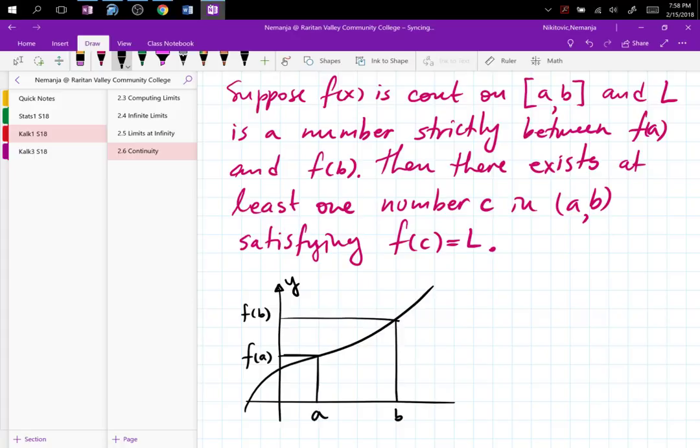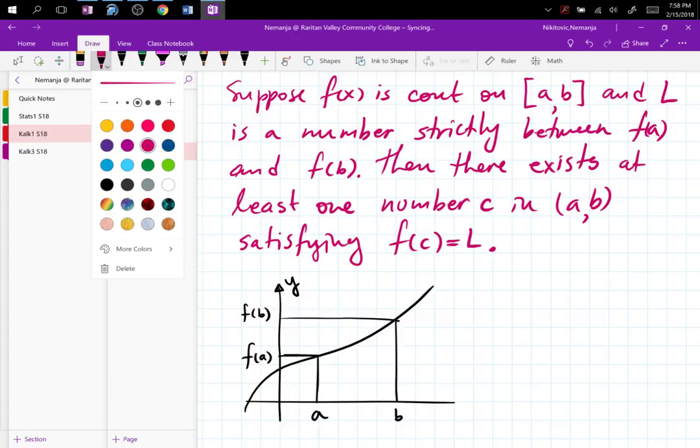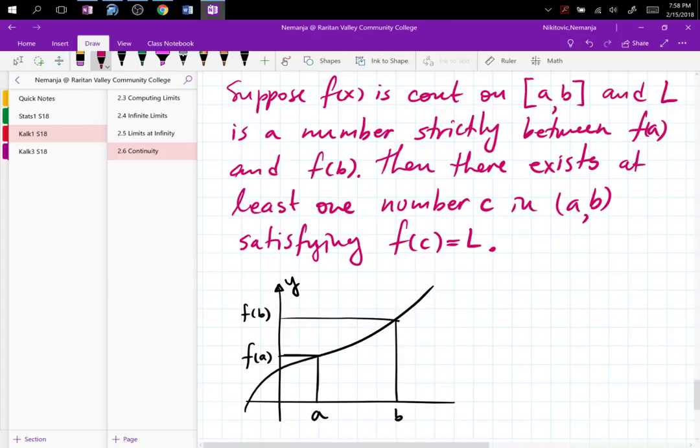Now they say there exists L, let's say right here, which is in between f of A and f of B. So now they say there exists at least one number C that makes that L. Well, you can find that C, look. There it is.